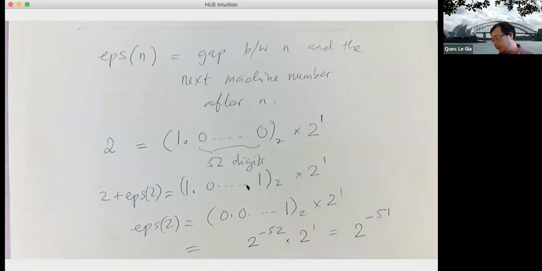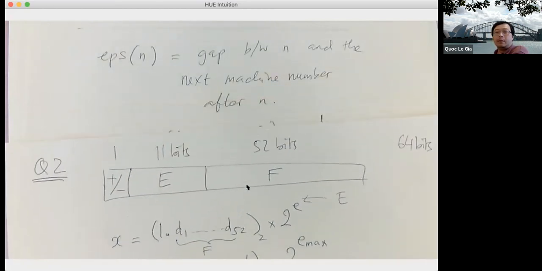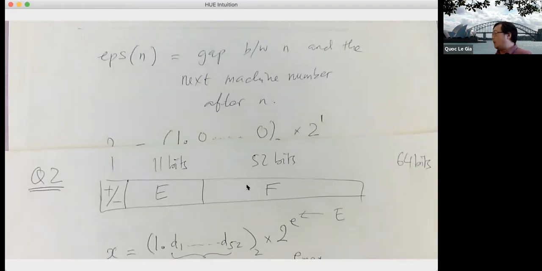Remember, double precision is 64 bits. So this is the picture for IEEE 64-bit double precision, and this part is always 52 bits.